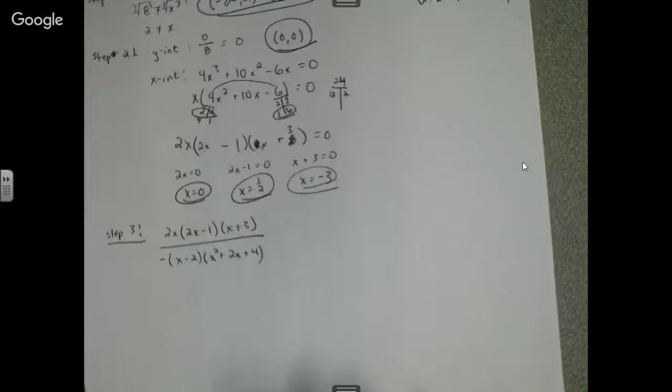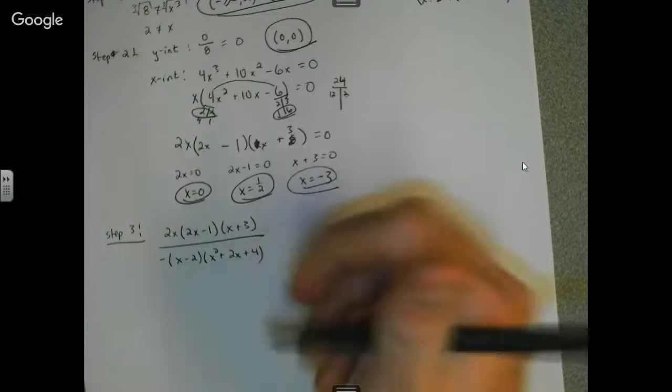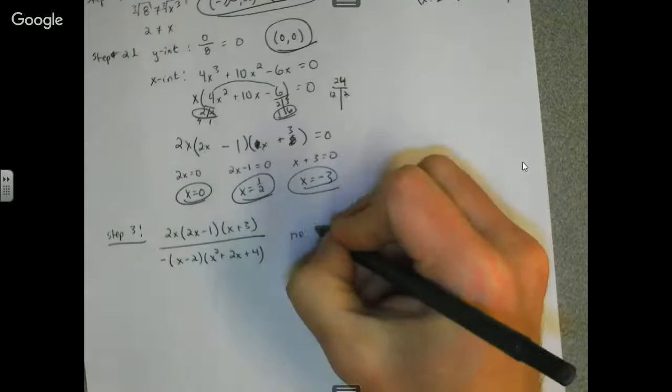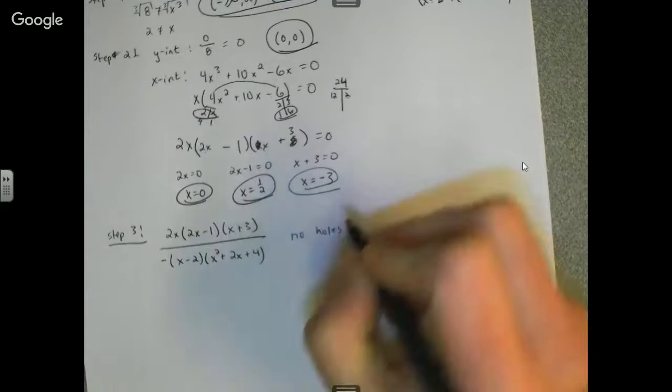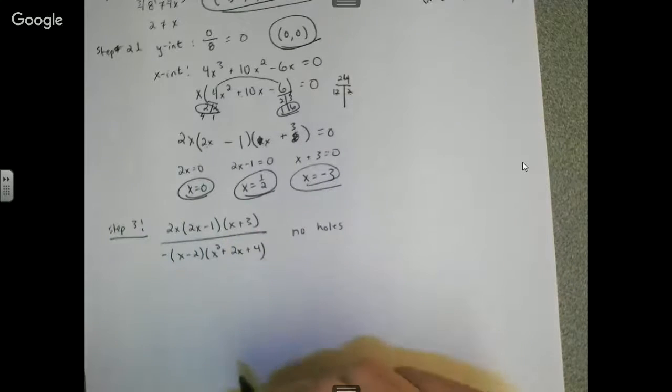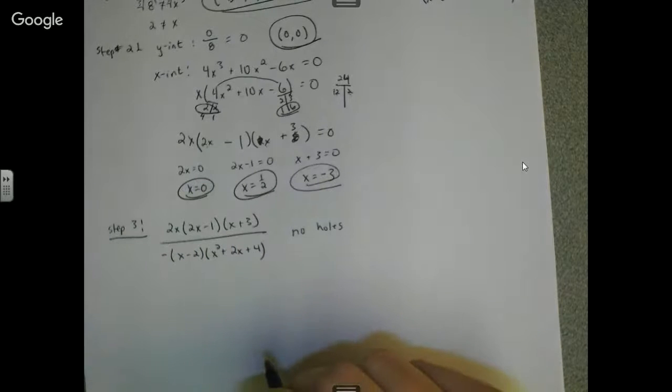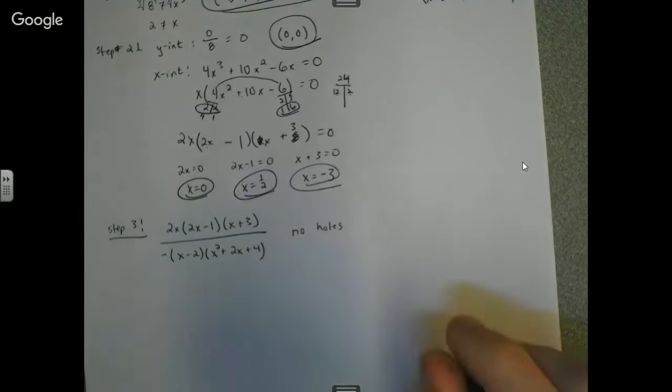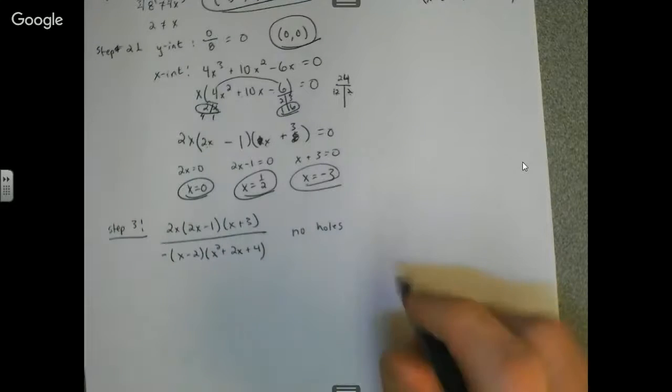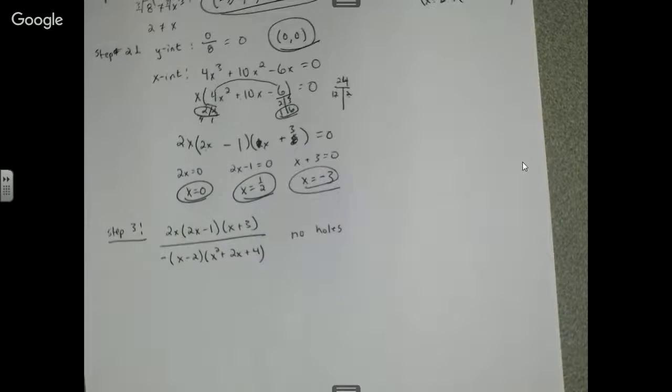Is there anything to cancel? No, there's no common factors, so again, no holes. We won't have an awful lot of holes on these types of problems, but you can. A lot of times we give you prime rational functions, so we don't really have to deal with it.